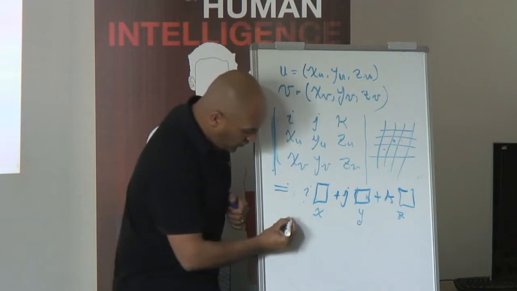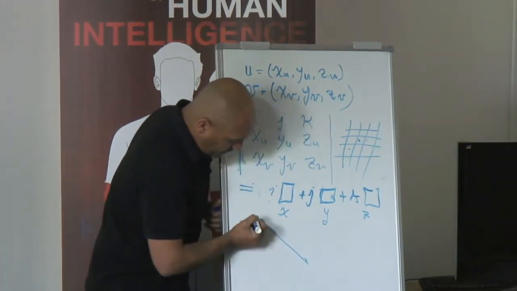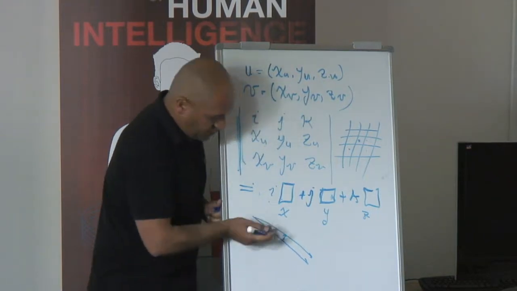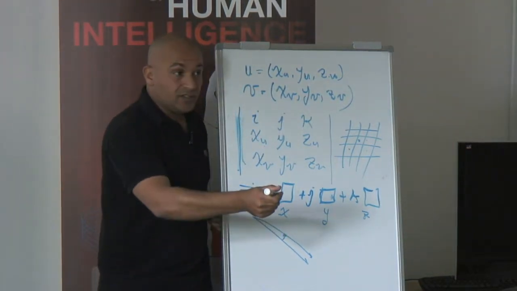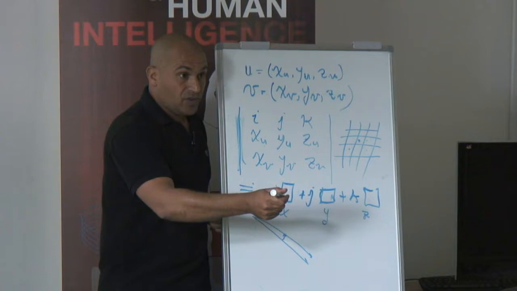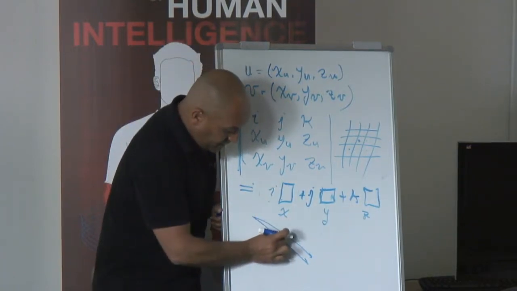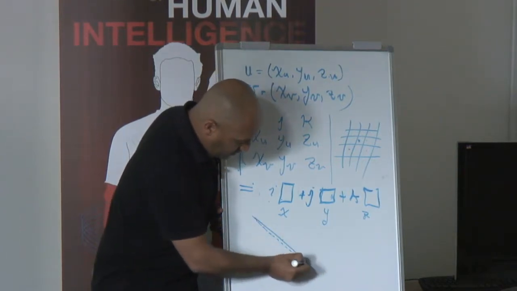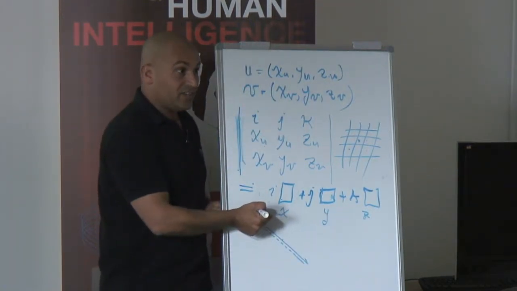If we have 2 vectors, like here, this is a vector and this is a vector, and I make a cross product of this, the normal will be pointing out of the board. If this angle is not this one, but this one, or very small, then the normal will be pointing inside the board.